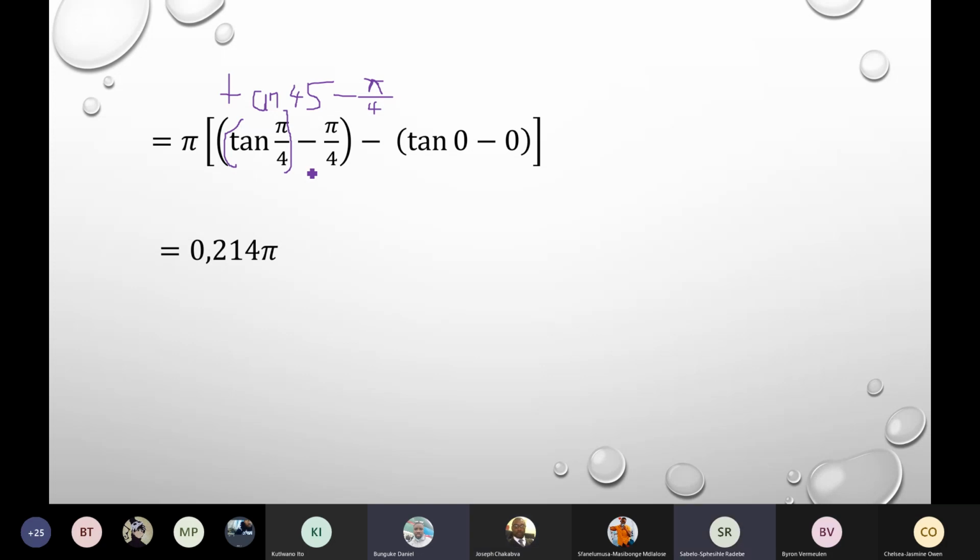Can I see the original graph? The one we have to integrate.